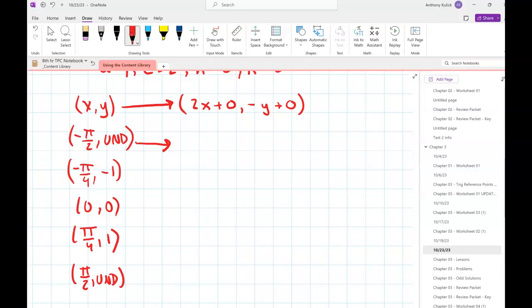So what does my new x-coordinate become for this first point? Which reduces to just negative pi. Yep. And then what happens when I do negative of undefined? Well, it's a trick question, just still undefined. Doesn't matter what you do to undefined. You can't make it anything other than undefined.